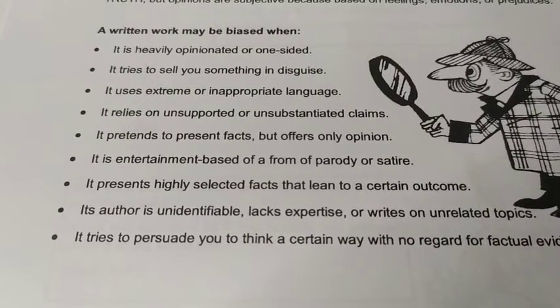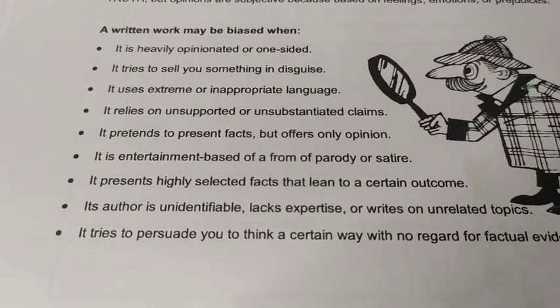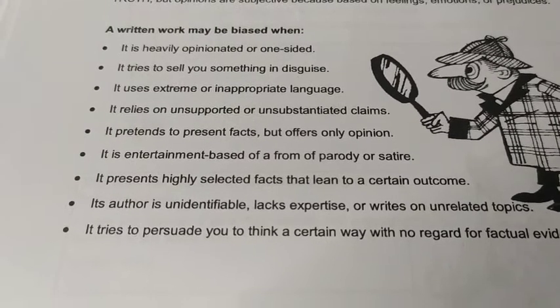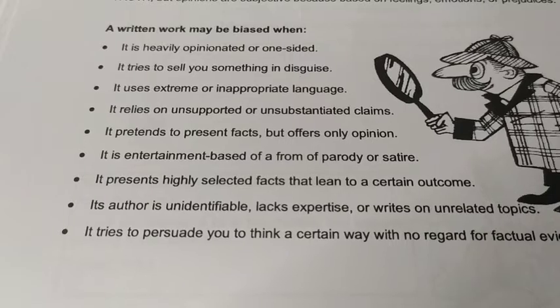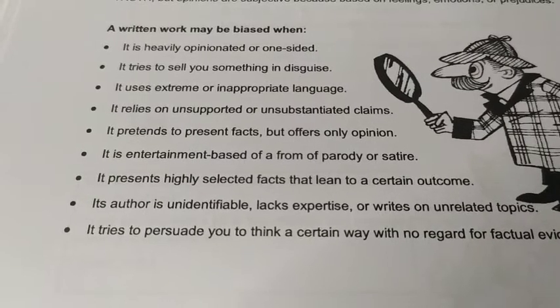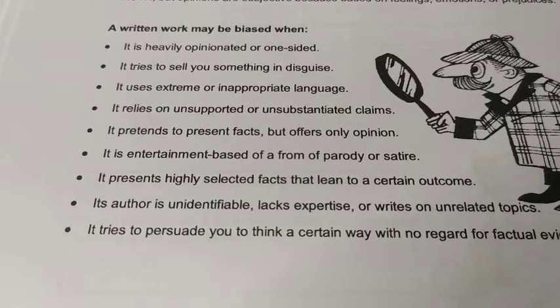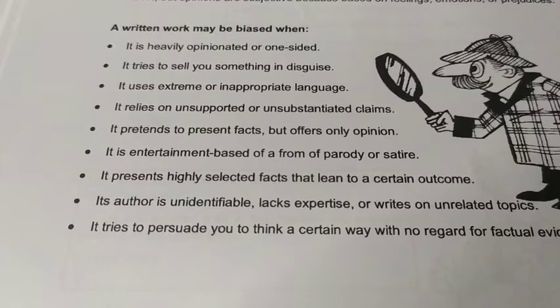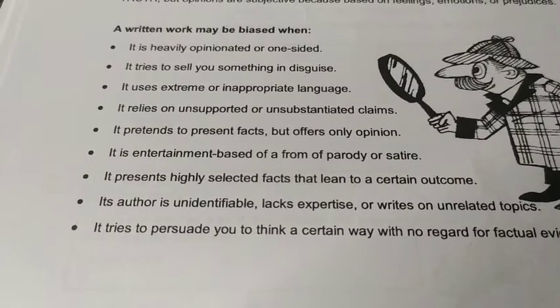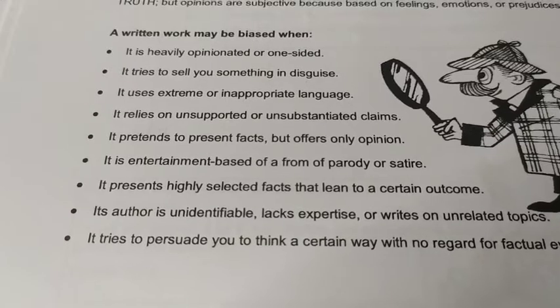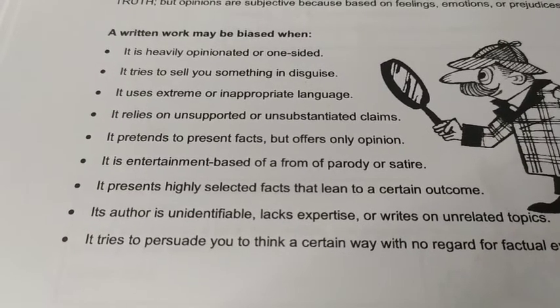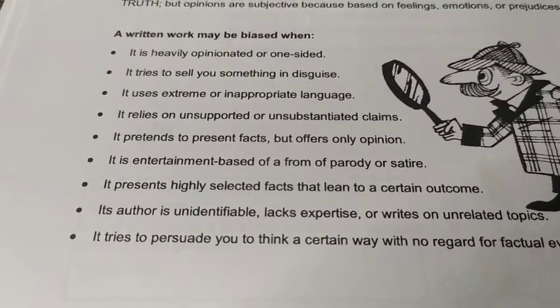It uses extreme or inappropriate language, or sometimes we can hear that they are exaggerating, they have over or OA, that is part of figures of speech, that for us to believe, for us to buy something, they will exaggerate things. It relies on unsupported or unsubstantiated claims.